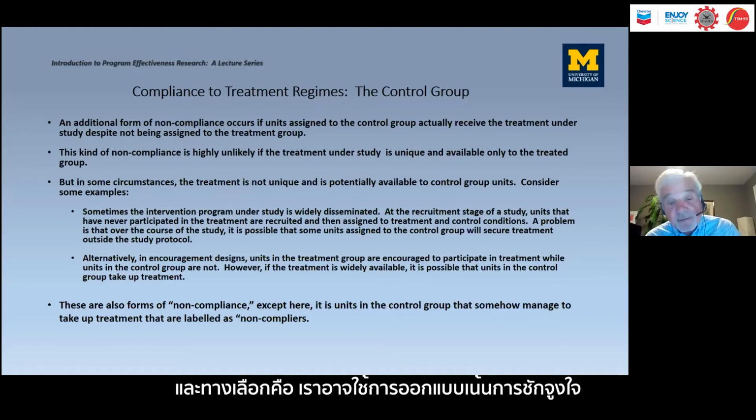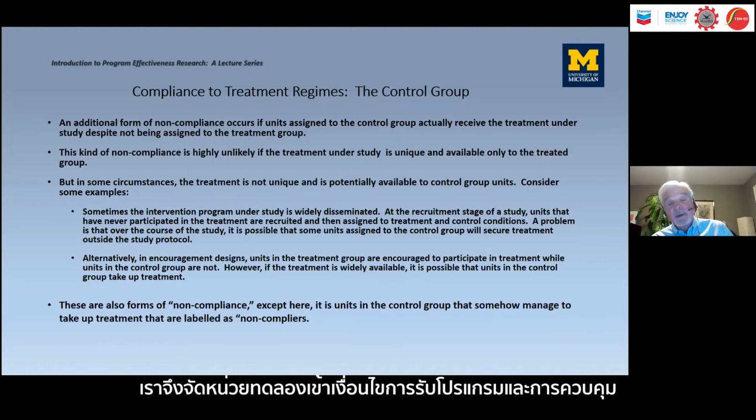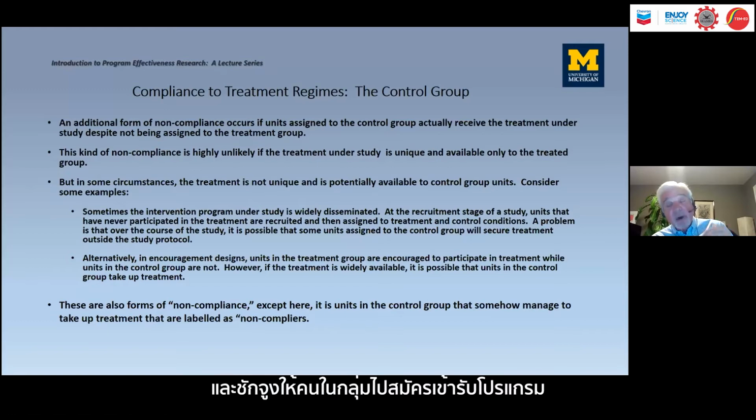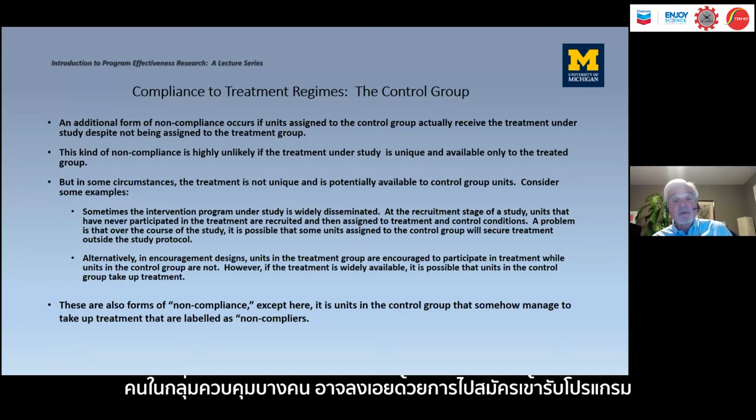And alternatively, we might be using an encouragement design, and so we assign units to treatment and control and encourage the treatment units to enroll in treatment. But we're not encouraging control group units, but some control group units might actually end up enrolling in the treatment.